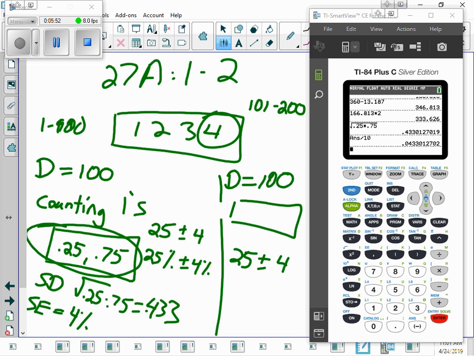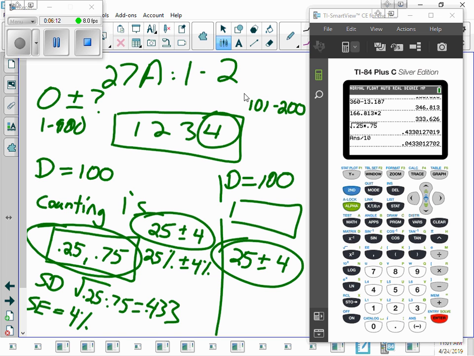Well, it would be 25 minus 25, which is 0. So I am estimating 25 plus or minus 4. You are estimating 25 plus or minus 4. The difference is 0 plus or minus what?